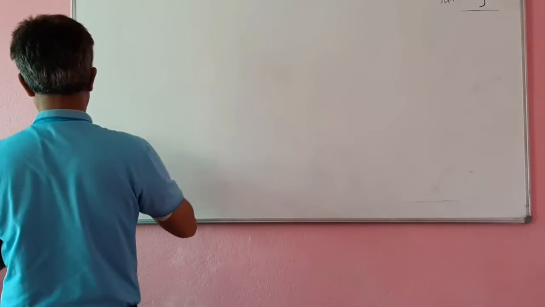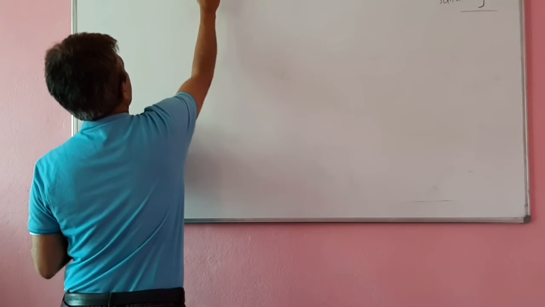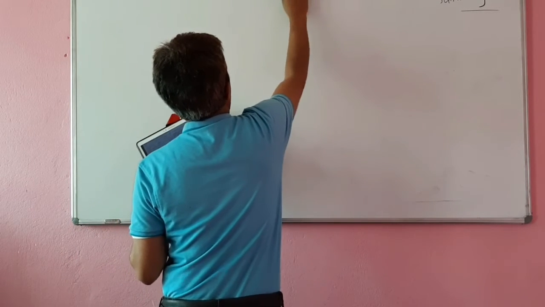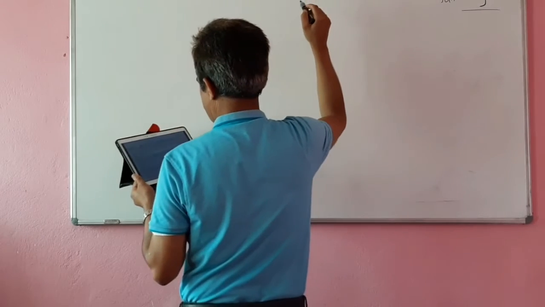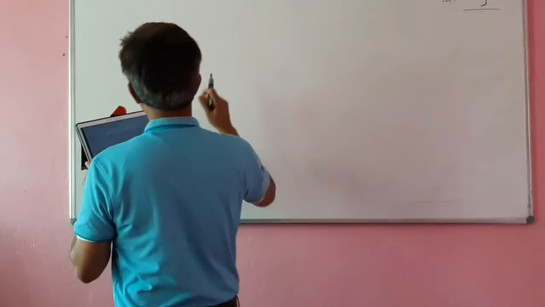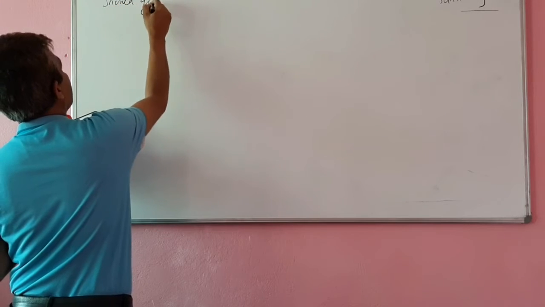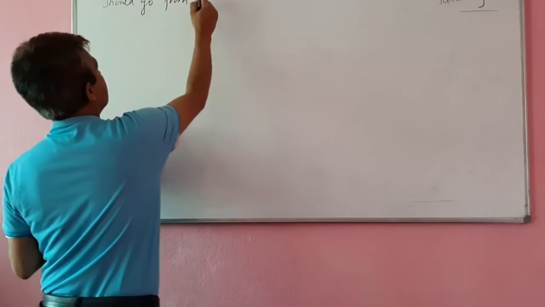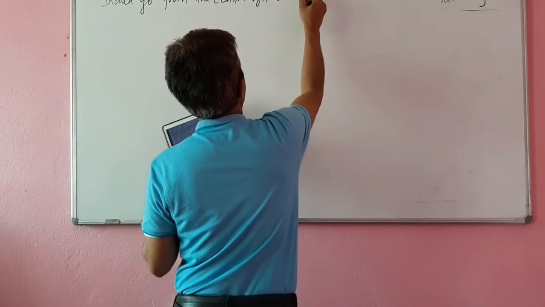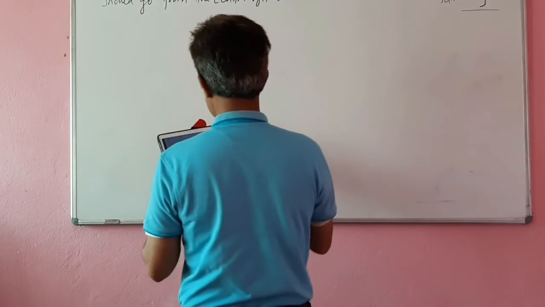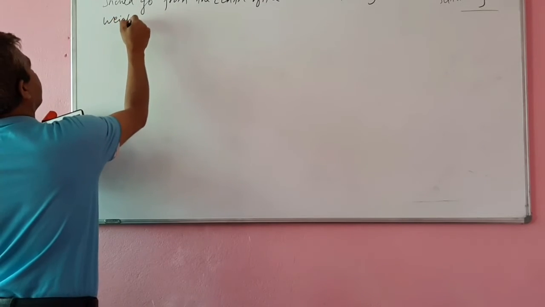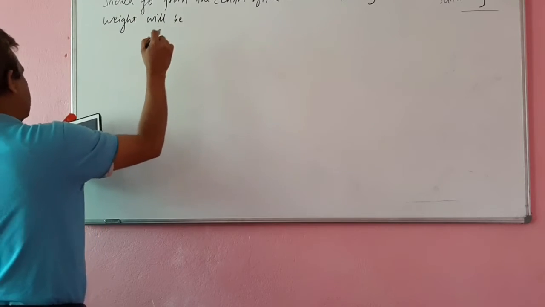If you weigh 588 Newton on the earth, how far should you go from the center of the earth so that your weight will be 300 Newton?